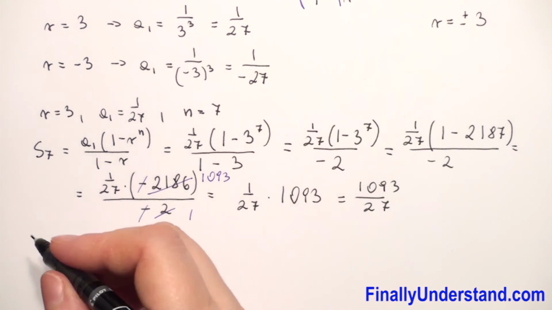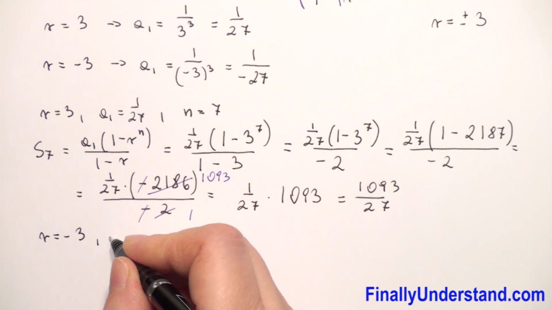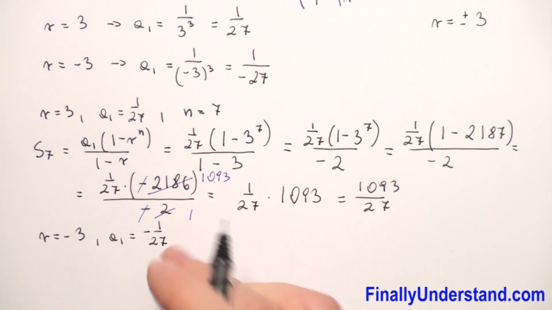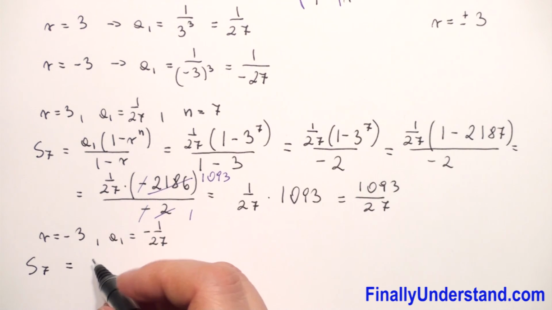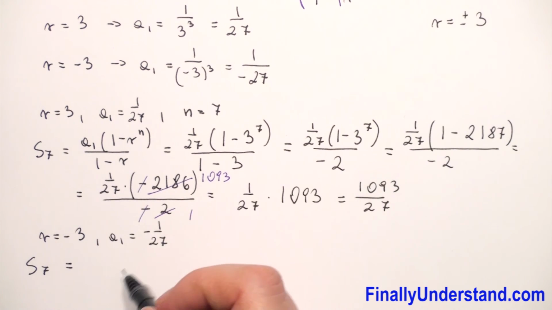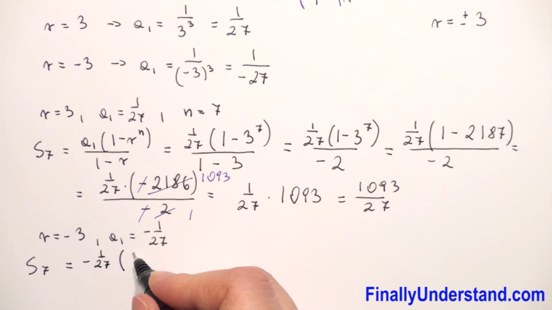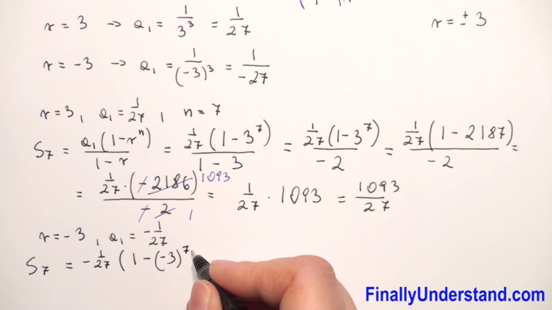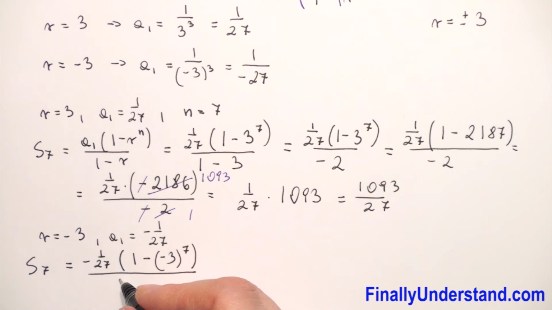We can leave it like this, and the second sum, for r equals -3 and a1 equal to -1 over 27, S7 will be, we'll use this formula, so a1 is -1 over 27 times, in parentheses we will have 1 minus (-3) to power 7, close parentheses, over 1 minus r, which is -3.